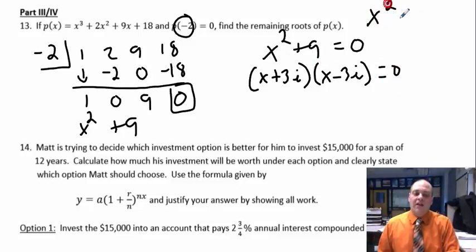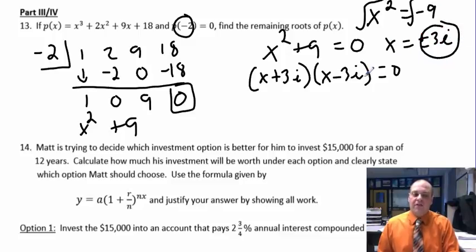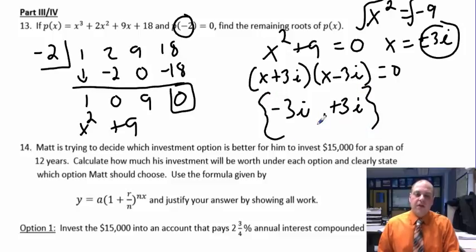So doing it that way, it's x squared equals negative 9. Take the square root. What is the square root of negative 9? It's plus minus 3i. So you get plus minus 3i either way, because this gives you negative 3i and this gives you positive 3i. So either way, you have a solution set of 3i and negative 3i. That's the remaining roots.